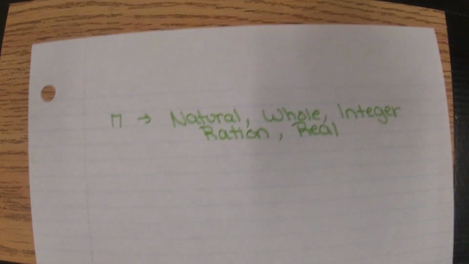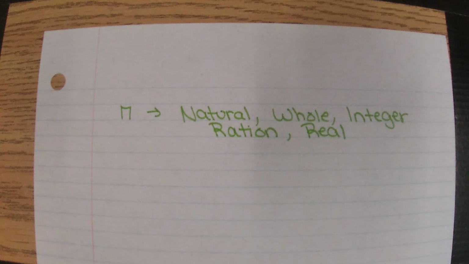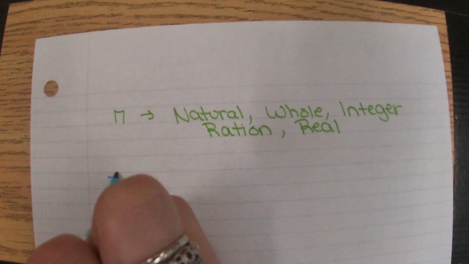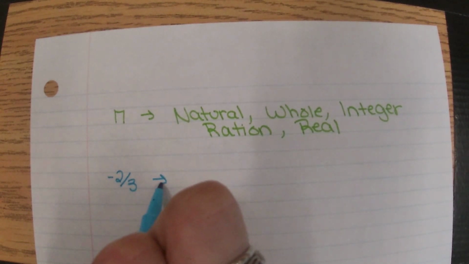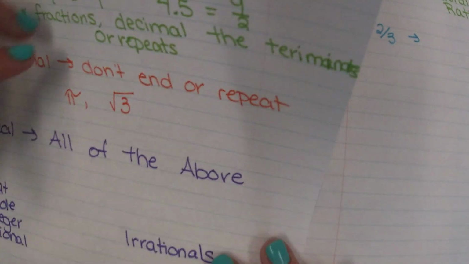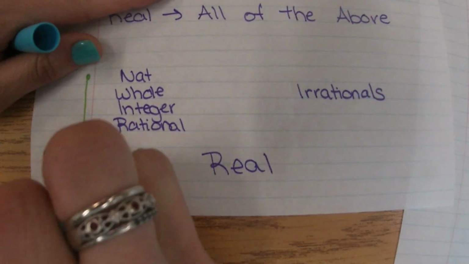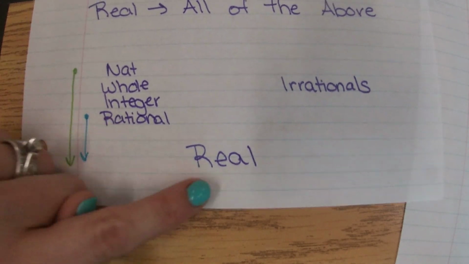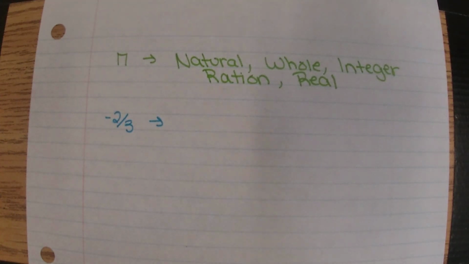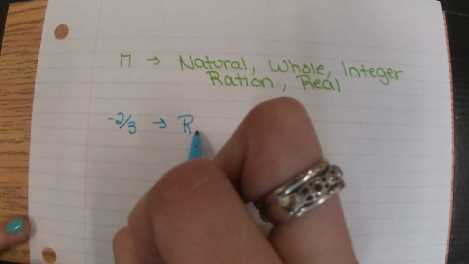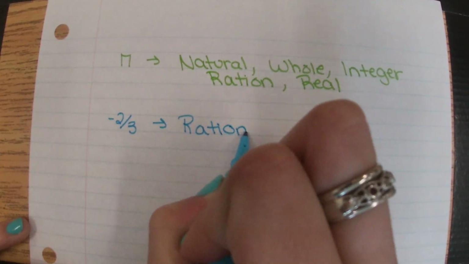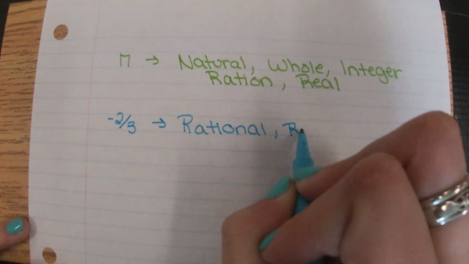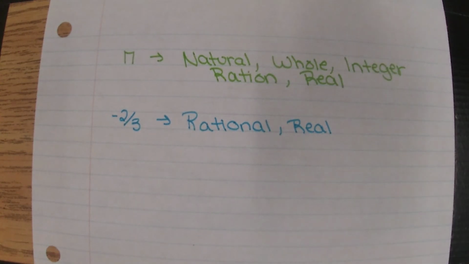So if I'm deciding what set negative 2/3 belongs to, on my list, the first place that it showed up was rational, and I'm going to include everything below, which is just rational and real. So negative 2/3 will be rational, and real.